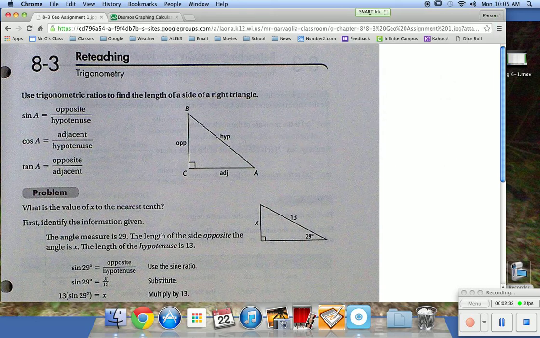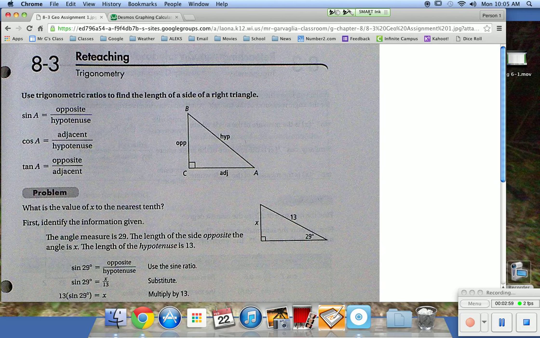We're going to start with those three functions, but you are going to learn about three other functions, and that's the cotangent, the secant, and the cosecant. Cotangent is the tangent inverted, where tangent is opposite over adjacent. Cotangent is adjacent over opposite.